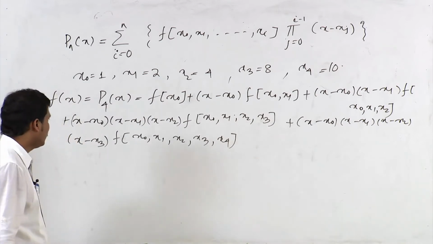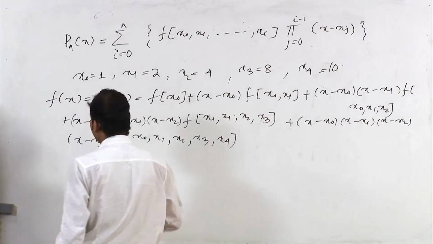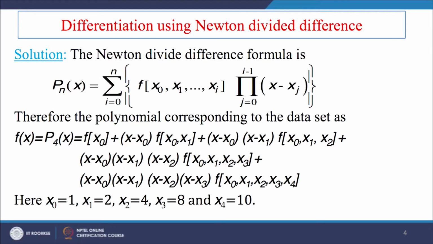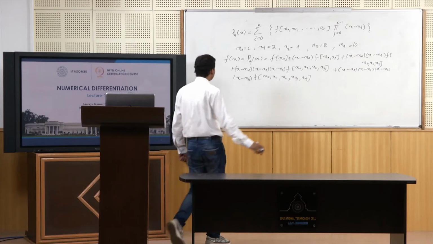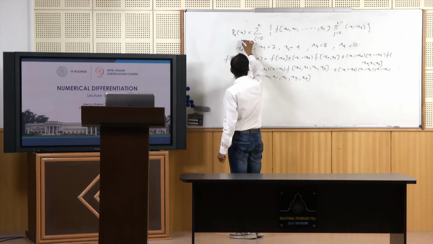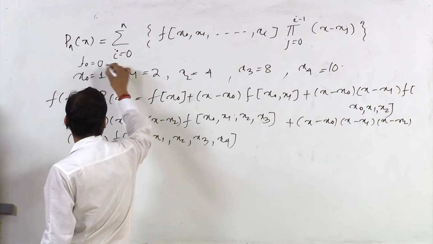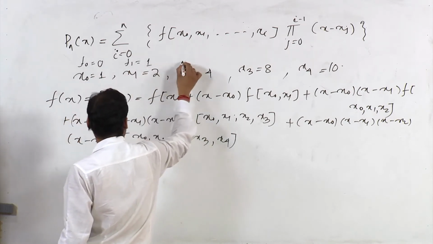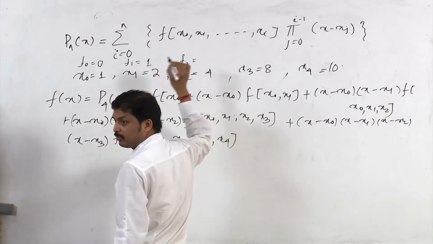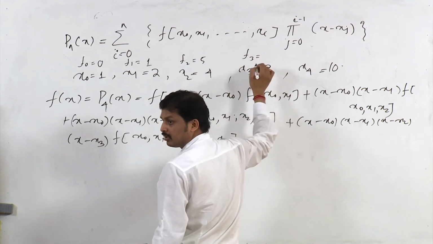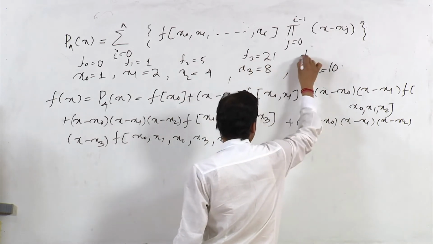If we put all these values here, since our initial values are in a tabular form, f0 is given as 0, f1 as 1, f2 as 5, f3 as 21 and f4 as 27.